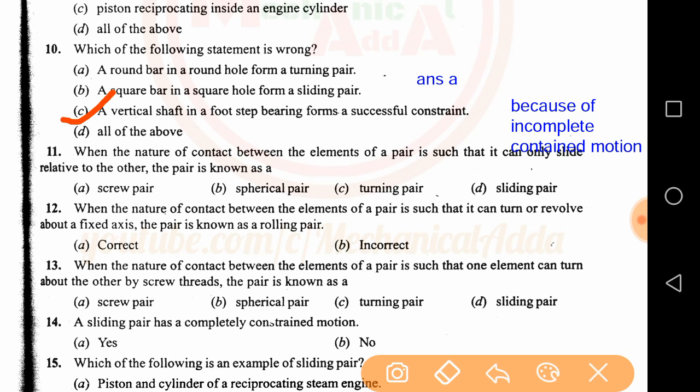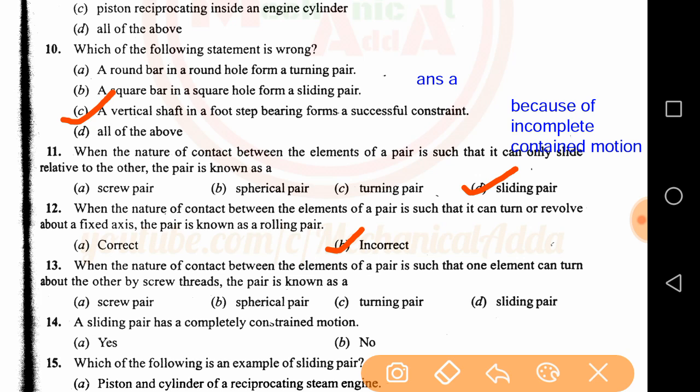Next, when the nature of contact between the elements of a pair is in such a way that it can only slide relative to the other, the pair is known as sliding pair. When the nature of contact between the elements of a pair is such that it can turn or revolve about a fixed axis, the pair is known as a rolling pair.